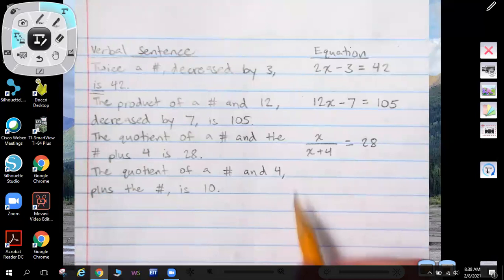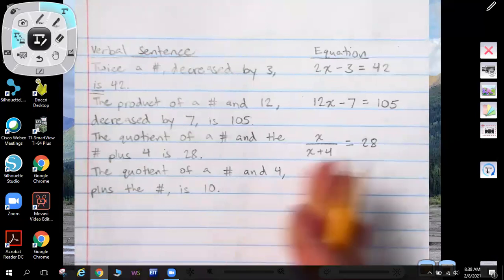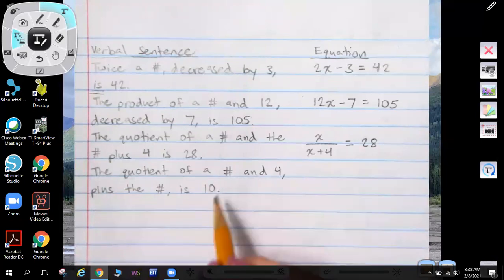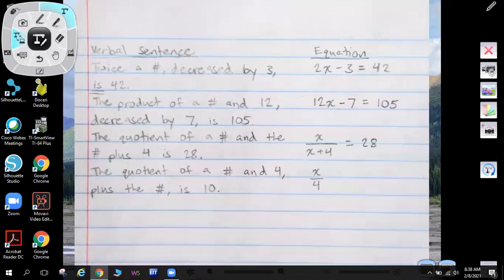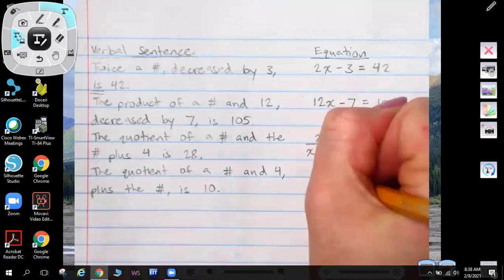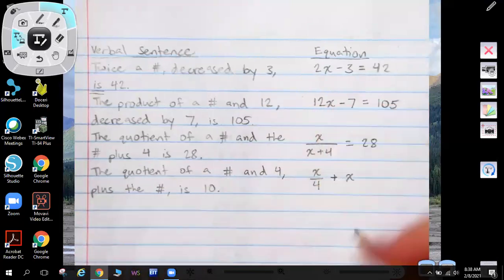In this one, we've got to watch where the commas are. So the quotient of a number and 4, pause. Let's write that first. The quotient of a number and 4 would be x over 4. Then we're done with that quotient. Then we have plus the number, so plus x is 10.